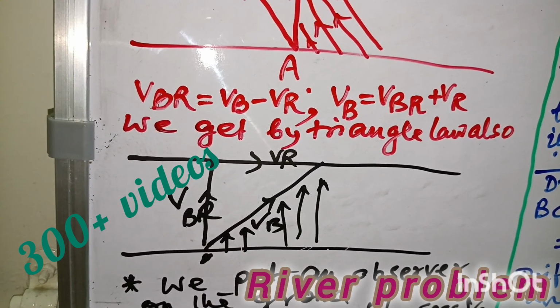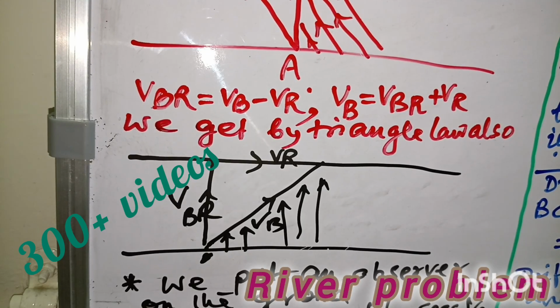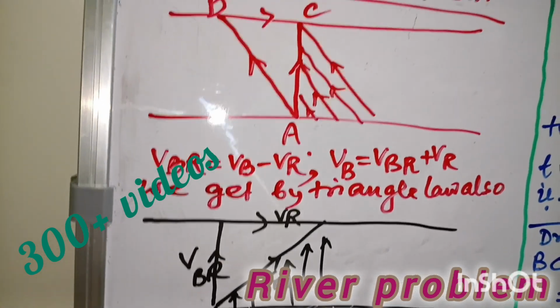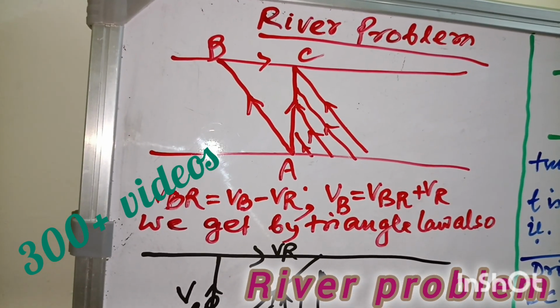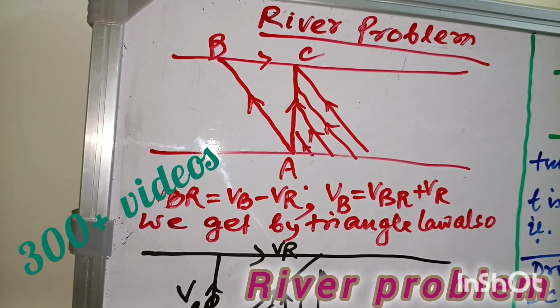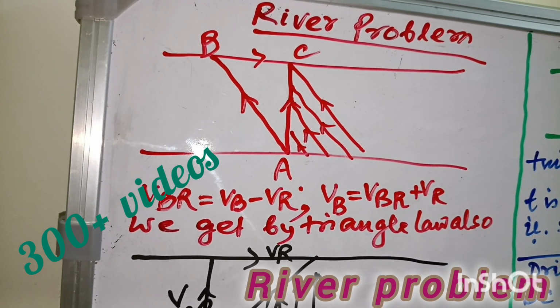So in both the cases there are three velocities. One is VR, that is velocity of river, one is VBR, velocity of boat with respect to river, and another is VB, which is velocity of the boat, means absolute velocity of the boat.